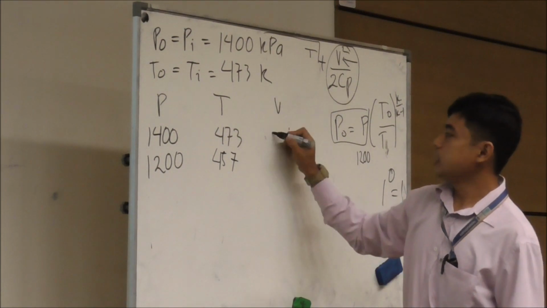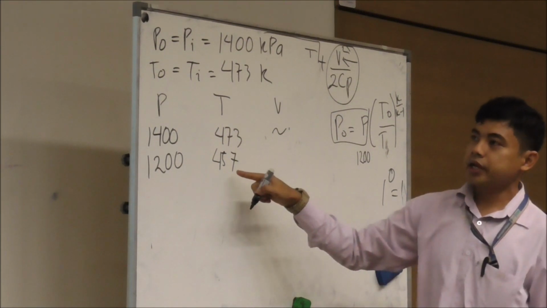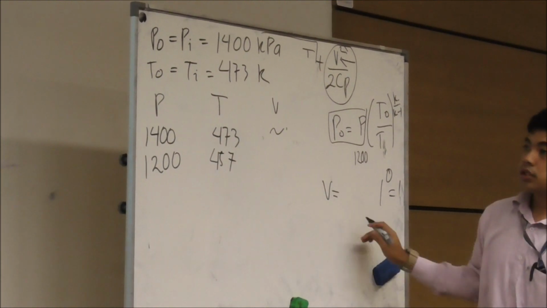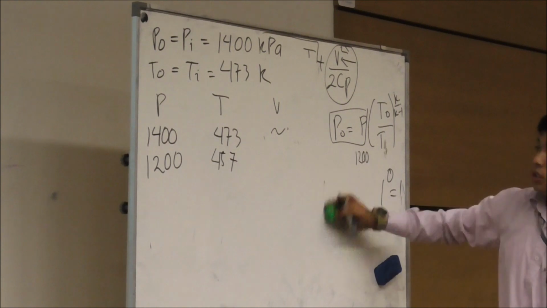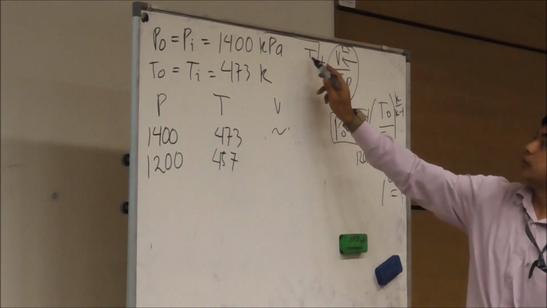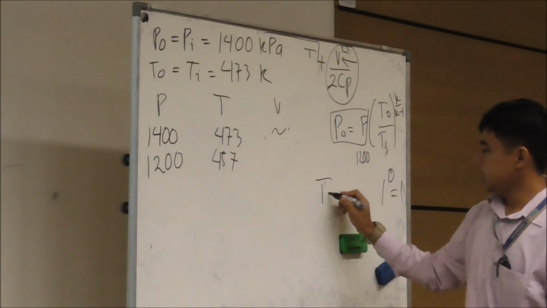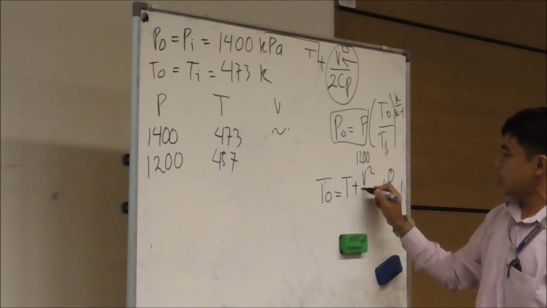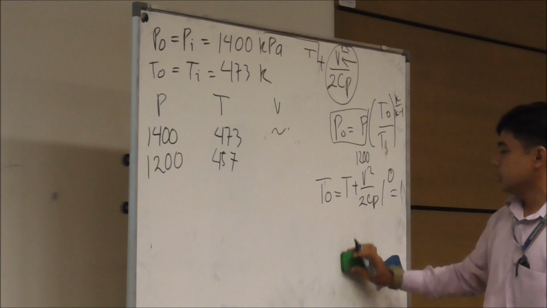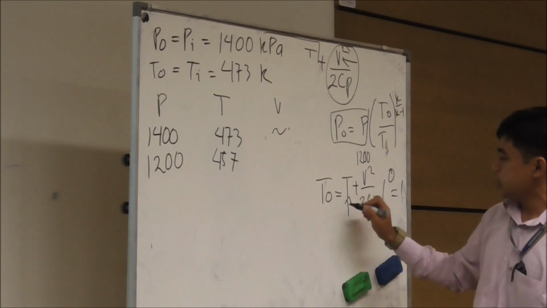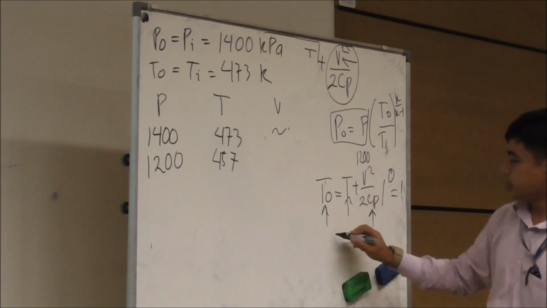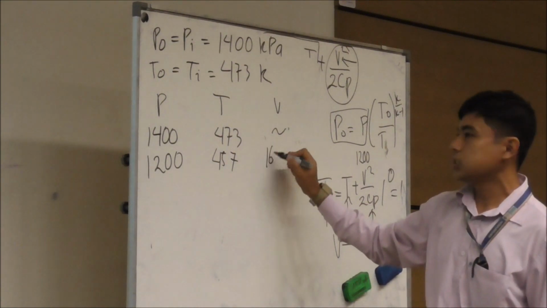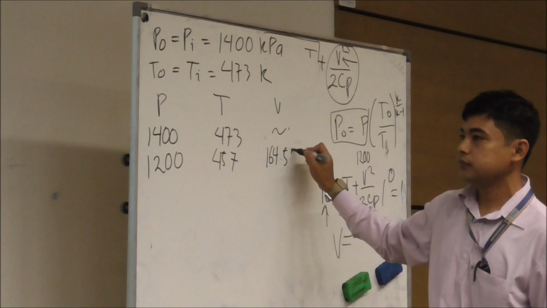This one, velocity is negligible, but here you can calculate the velocity, because you calculate it from here: T naught is equal to T plus V square over 2 Cp. If you know this one, you know that one, you can calculate your V. So you get your velocity is 164.5.